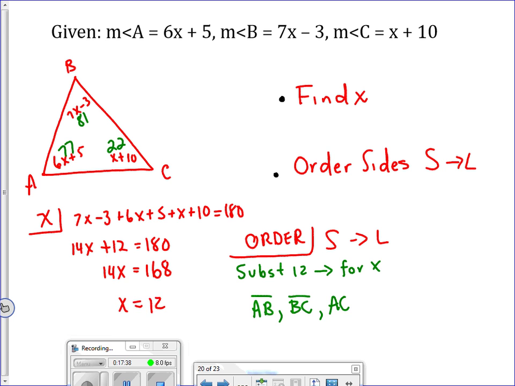Now, x equals 12 is obvious there. So what I did is I took that 12 and I substituted in for each of the angles, and I got these angles here. So now across from the 22, which is the smallest angle, is the side AB, and I just ordered them according to the sides. Let's put a bar for that. All right, very good. Let's go on to the next one.